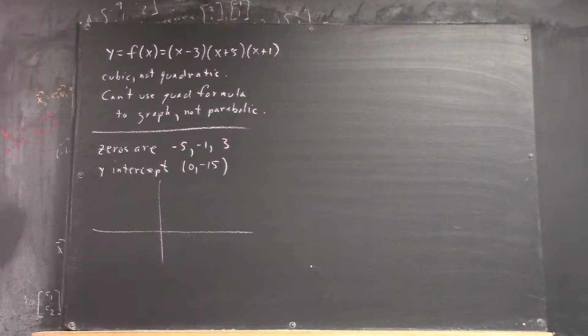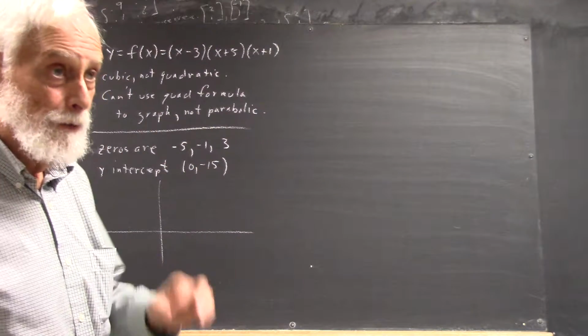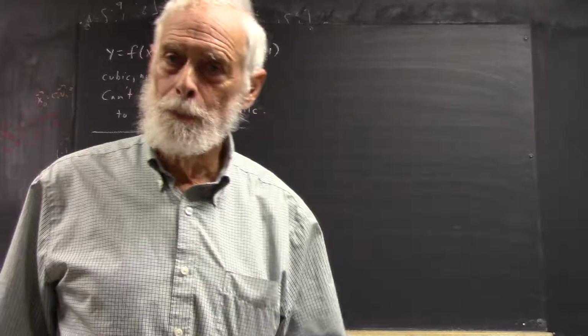Okay. Well, we can put this information on a graph, and I'll do that in a minute. But now I want to move to the thing I screwed up on the assignment.